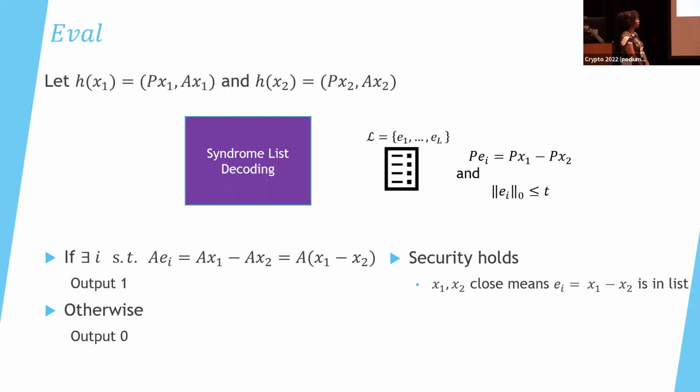And this basically reiterates, we know that correctness holds because if X1 and X2 are close, meaning if EI is indeed equal to X1 minus X2, then we will find that EI on the list. If the difference between X1 and X2 is greater than T, then for every EI in that list that we recover, A times EI will not be equal to A times X1 minus A times X2.